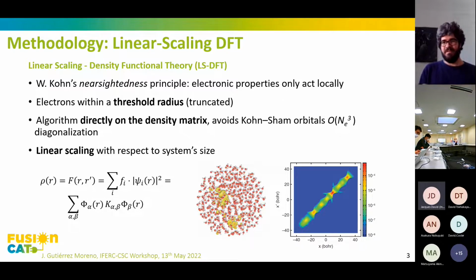So if we consider interactions between electrons only within a threshold radius, so we truncate all these interactions, then we can build the algorithm directly on the density matrix, and we avoid the diagonalization, which is the part that scales cubically, and this is the part of the algorithm that takes most of the computational cost in large systems. So we end up with a system that scales linearly with respect to the number of electrons, which means that if we double the number of electrons, then the computational cost will also double.